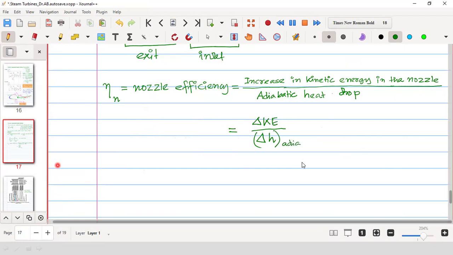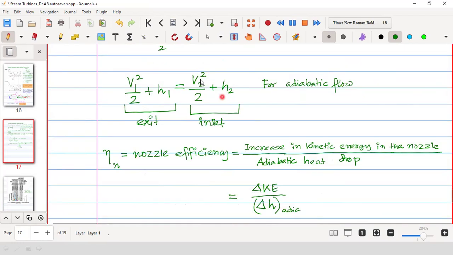Now what is delta KE? Basically from the inlet, what is the velocity at the nozzle? Actually it should be phi into V2 square by 2, and at the exit it should be V1 square by 2.